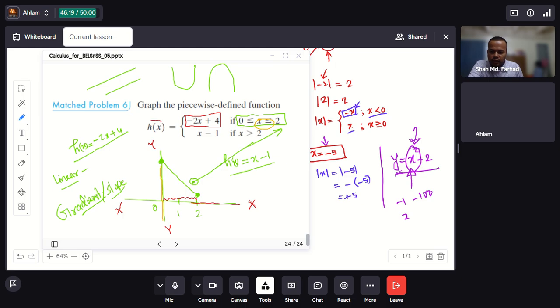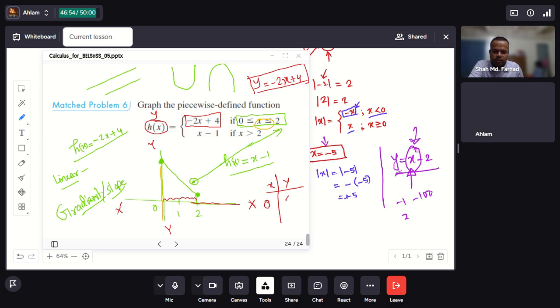So if we consider this one as y, the equation becomes y equals negative 2x plus 4. This is the equation. Now if you put x, then you will get y. At first put 0 here.